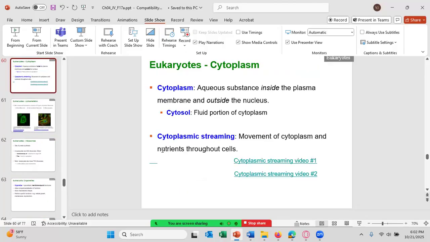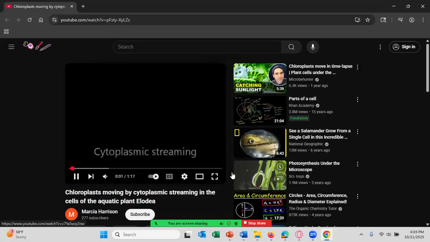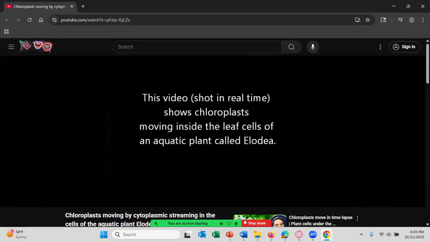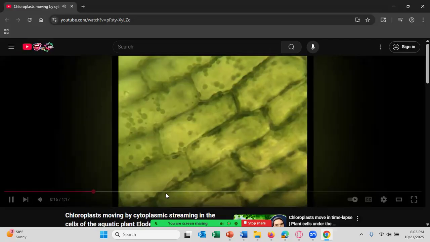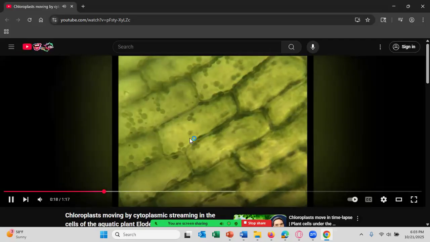Let me show you that eukaryote cells can have cytoplasmic streaming, where the movement in the cell actually moves the organelles in the cell, or the molecules in the cell obviously move. Cytoplasmic streaming.